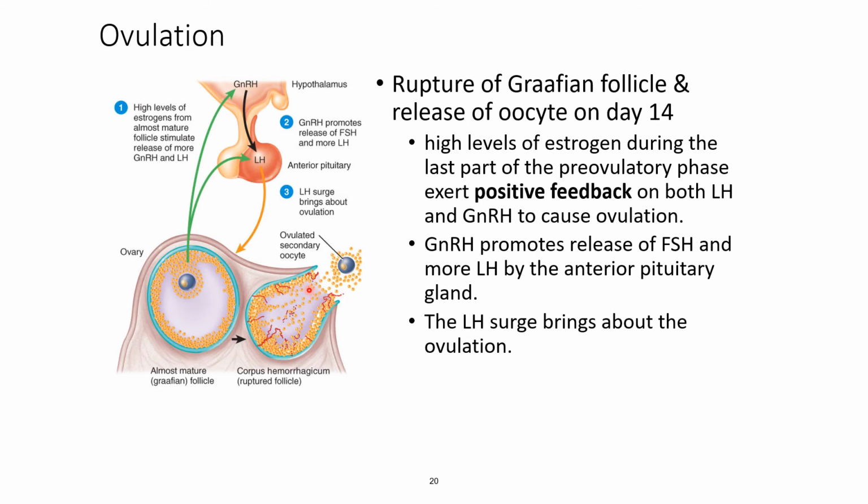Once this happens, estrogen production drops dramatically, and so the stimulation of the hypothalamus and anterior pituitary decreases. LH production drops off, but until then we have a positive feedback. Increased estrogen levels stimulate LH release. LH stimulates the growth of the follicle and the production of even more estrogen, and this cycle will go on until the follicle grows to the size that it bursts through the ovary, ejecting the oocyte with some cells, and this is the event of ovulation.